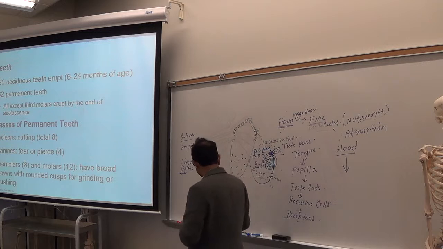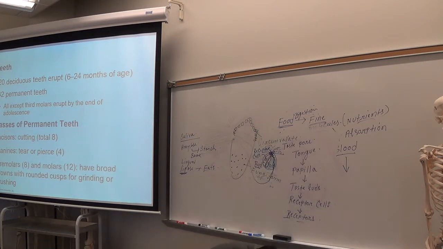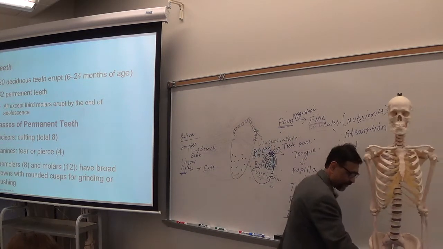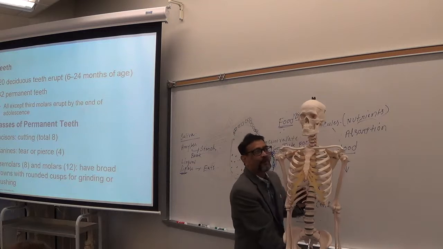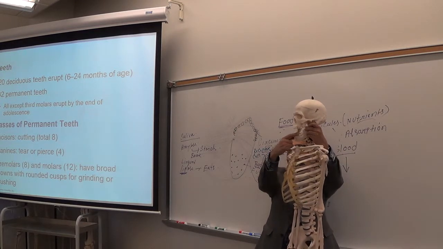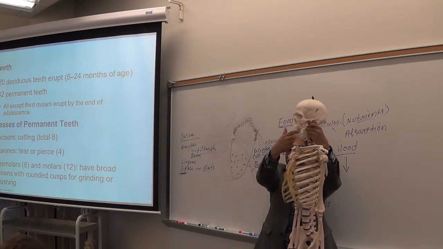So first, you know that we have two dental arches. One arch is in the mandible. This is the lower dental arch. This is the upper dental arch.